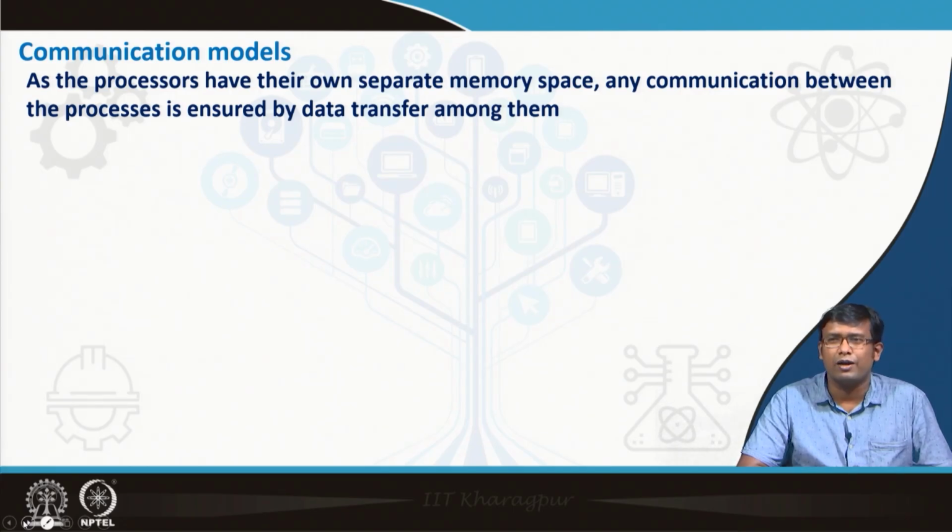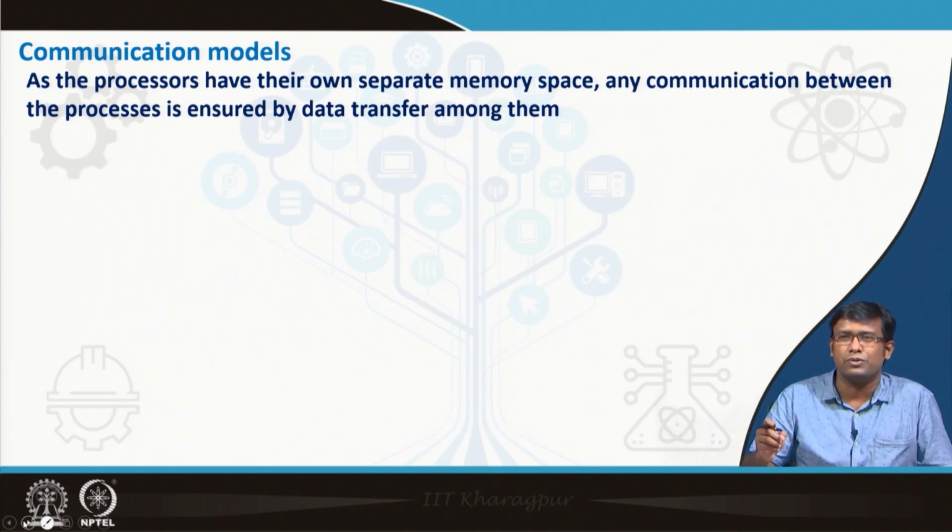I have a 100 rupee note in my money bag, and somebody needs that money. I am okay to give that money to him, but the money cannot go directly from my pocket to his pocket. I have to take the money and send it to him.